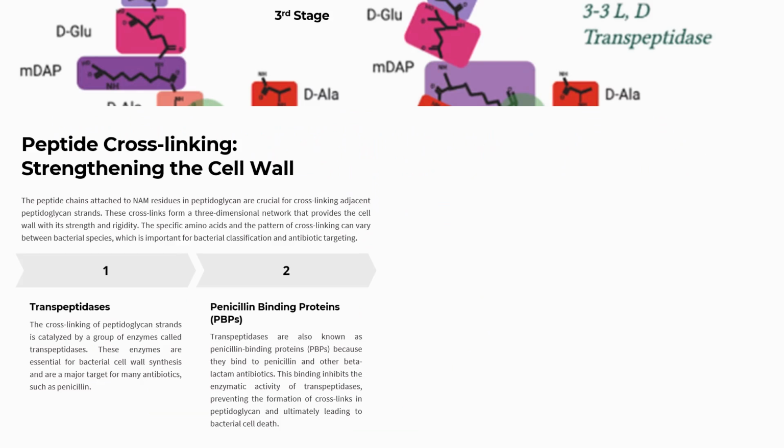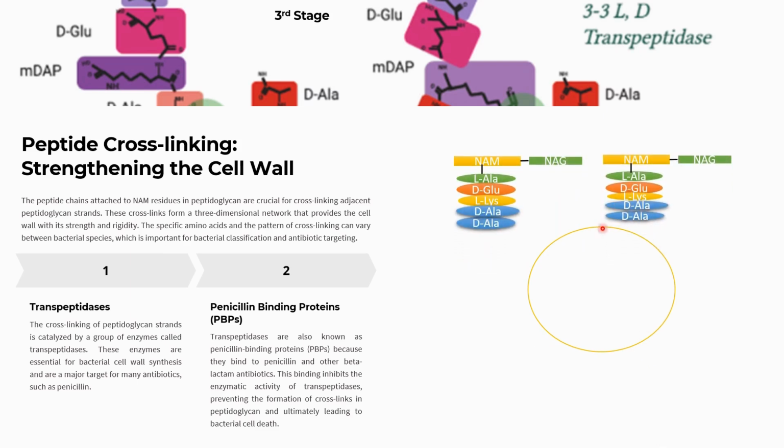After that, we move toward the third stage, which is an important stage, because bacteria have peptidoglycan, as you can see in this arrangement, but without attachment. There is no structural support.